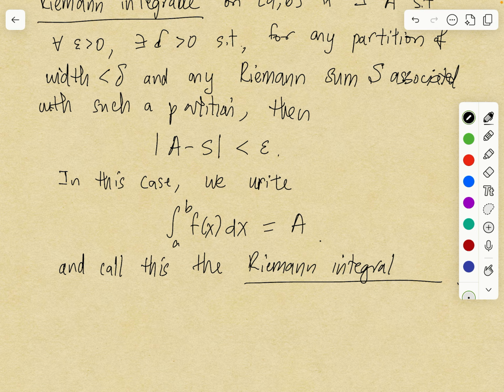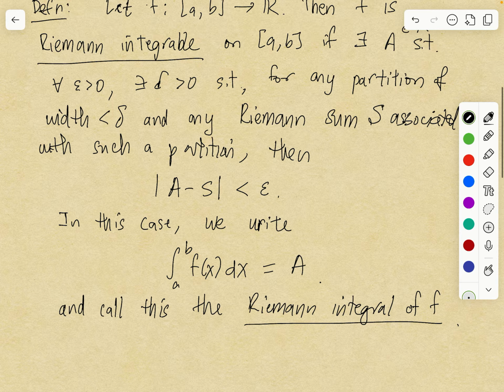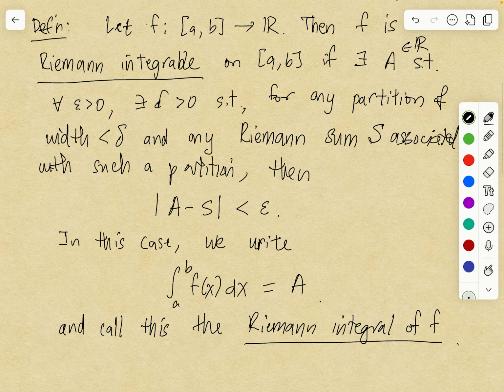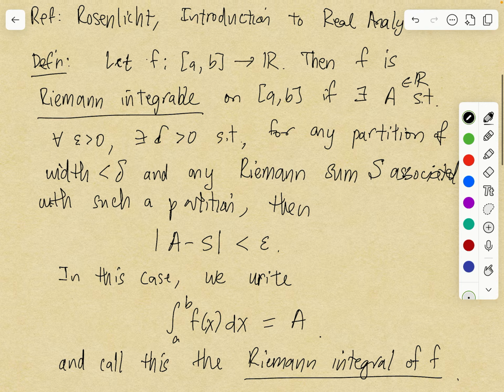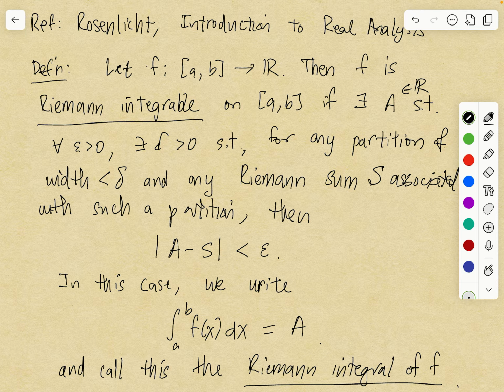So my understanding of the history is that this is the original definition of Riemann integrability. This was Riemann's definition of what it means for a function to be integrable. The definition that you see in calculus textbooks is different.